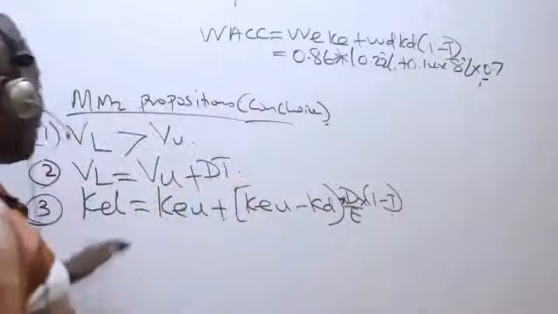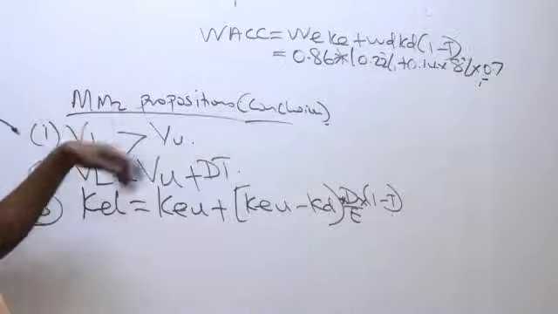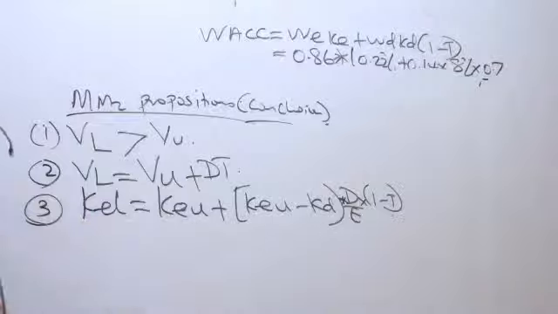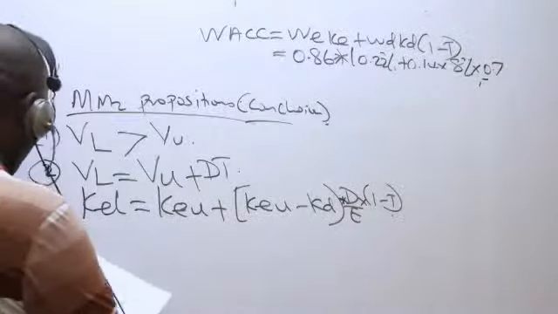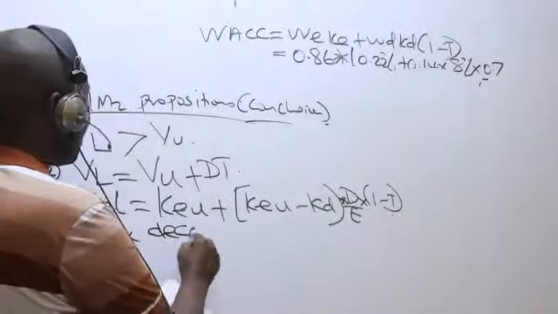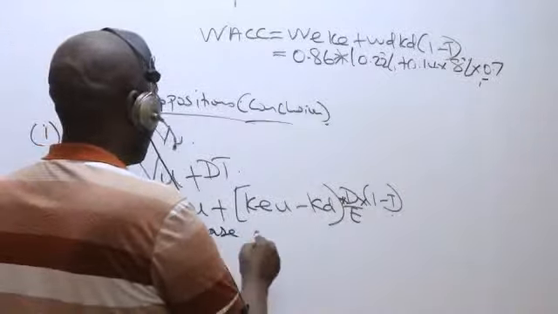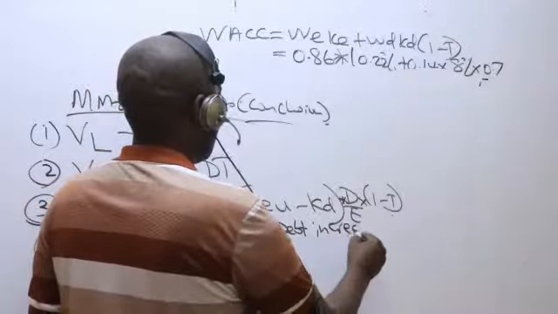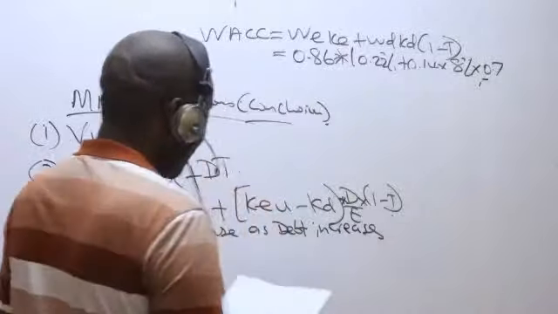The cost of equity of a levered firm will keep on increasing, and this is the formula. Lastly, number 4, WACC decreases as debt increases.